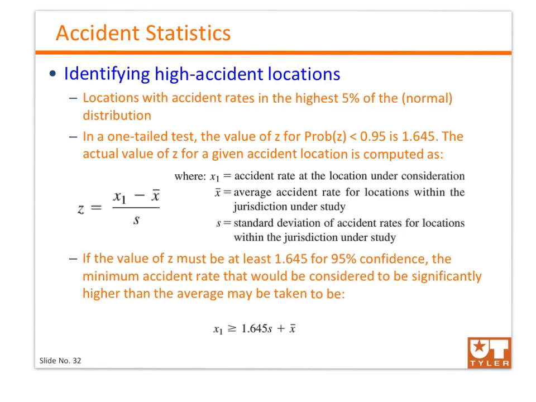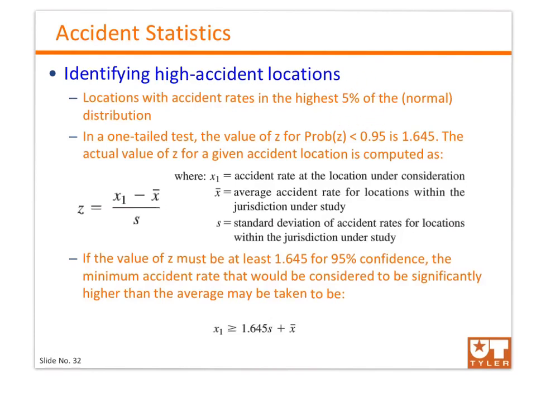Now we're going to probability and statistics. In a one-tail test, the value of z for probability of z less than 0.95 is equal to this number. If you go to the bell-shaped curve that we typically see in a one-tail test, we would need to look into that highest 5%.